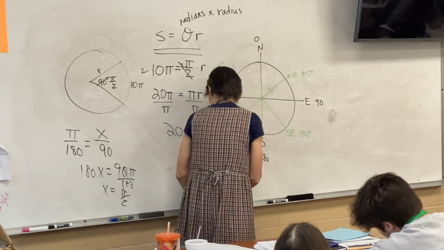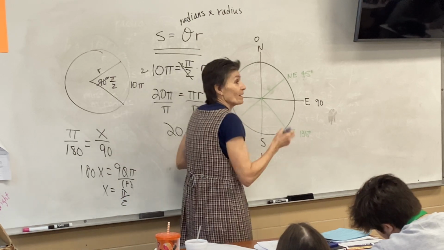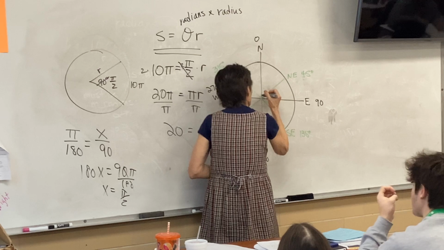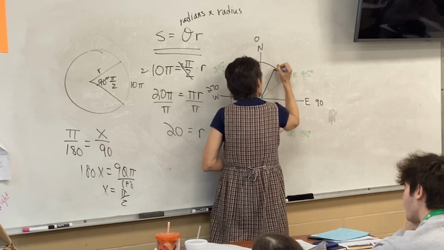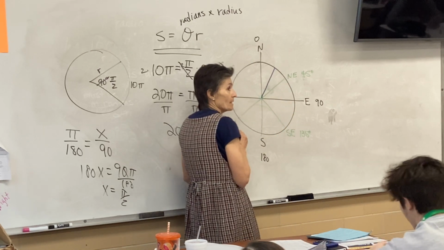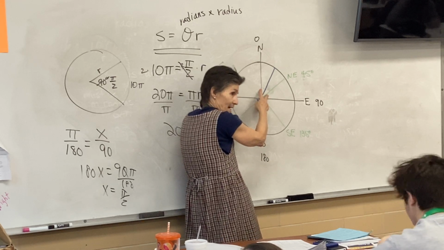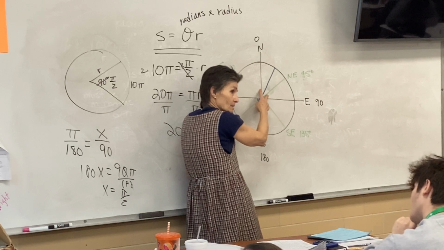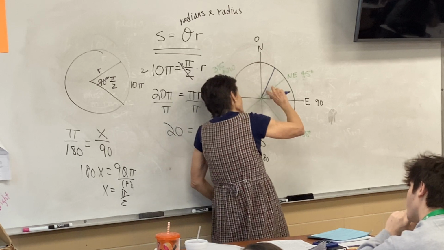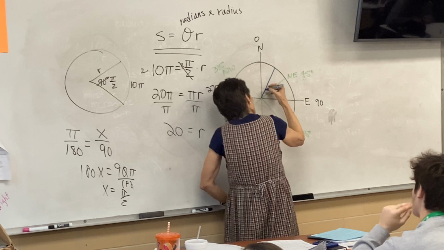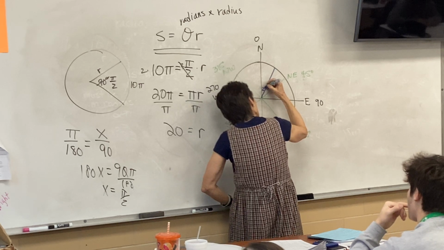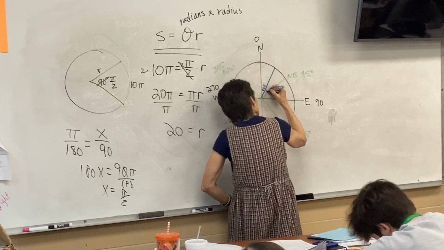Okay, well, we're going to subdivide one more time. We're going to draw this one in, and that is splitting the 45. So each of these little pieces here would be 22 and a half. Would you agree with that?